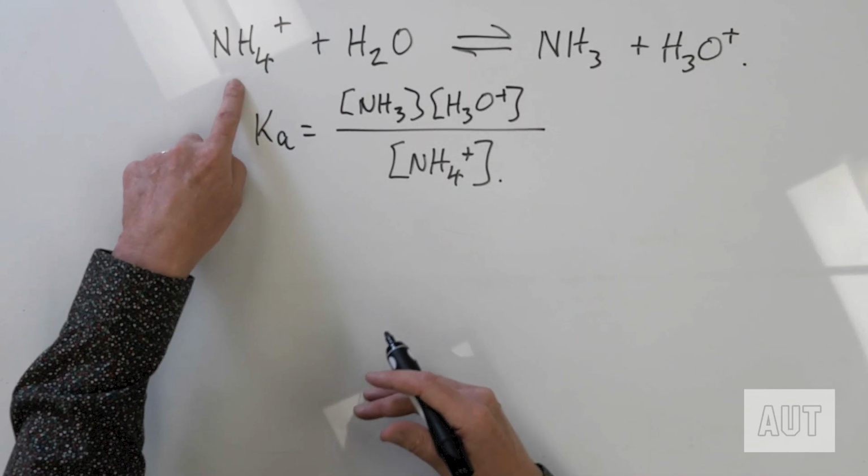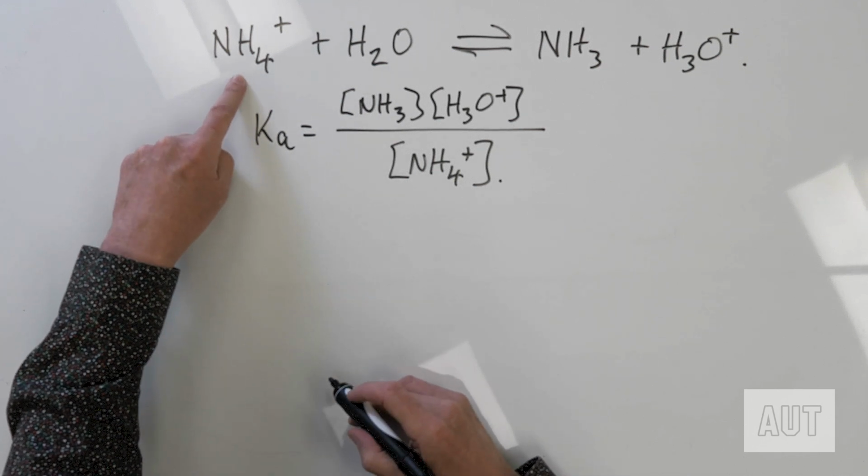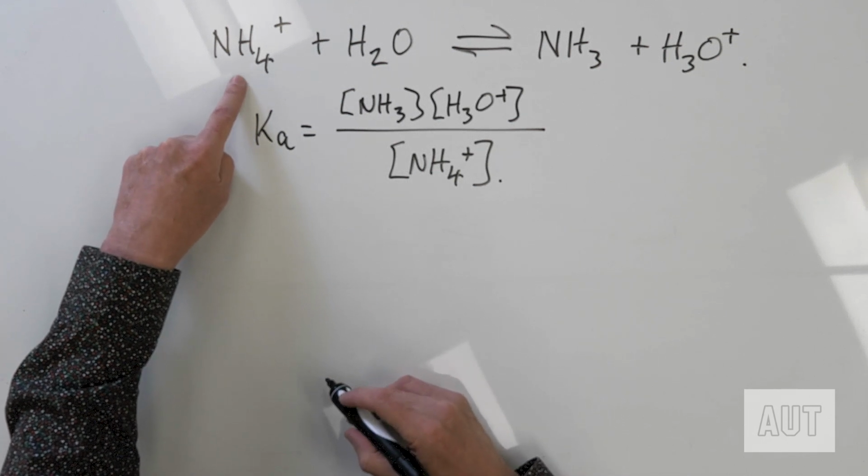Now, because we started off with a 0.2 molar solution of ammonia and a 0.2 molar solution of HCl, then the final solution, the concentration of our ammonium ion now is going to be 0.1 mole per litre, okay?